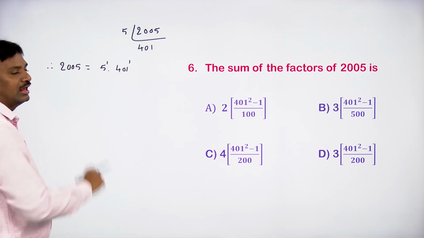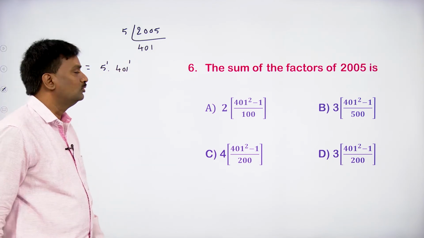So here P1 power alpha 1 is 5 power 1, P2 power alpha 2 is 401 power 1.